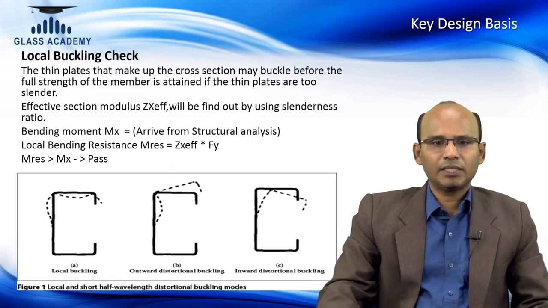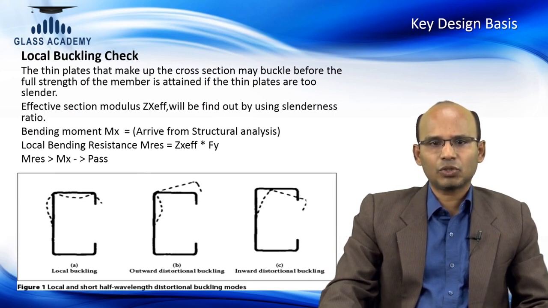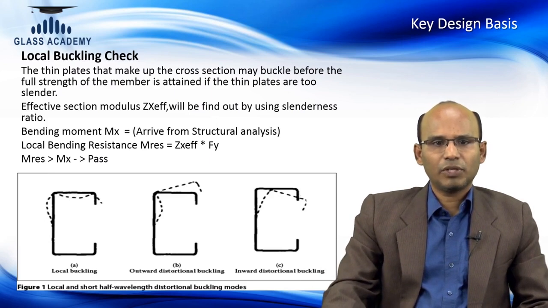The local buckling check is critical in glazing systems. Most commonly the elements used are extrusions or aluminum framings. They have a thin wall thickness like 1 mm, 0.8 mm or 1.5 mm. In these cases, the buckling check is critical, because it is quite common to use slender elements on facade systems.